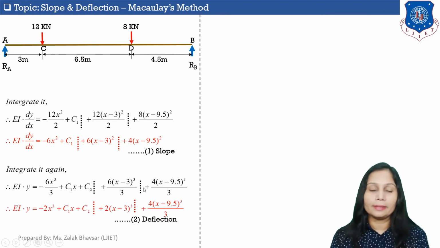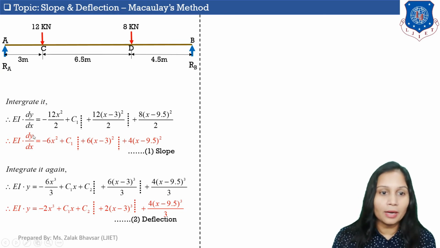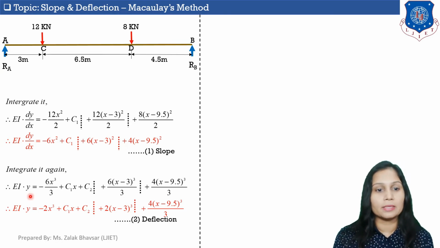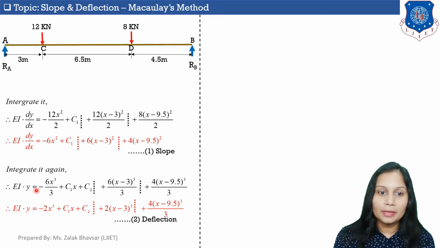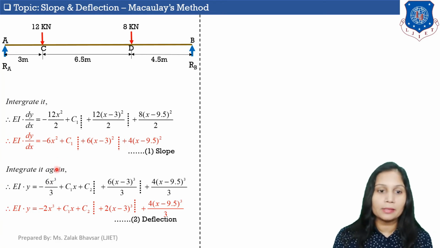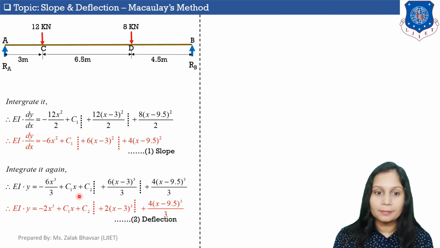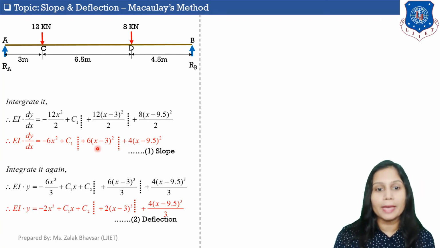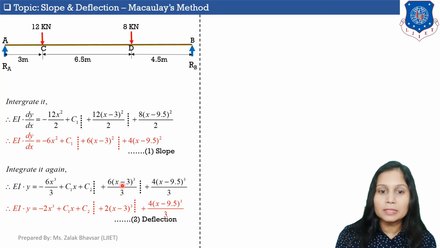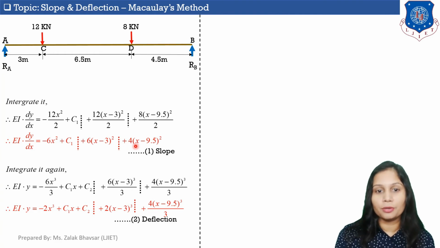Then we will get the integrated equation as EI. Now the integration of dy/dx is equal to y. So EIy = -6x³/3, since the integration of x² is x³/3, plus the integration of C1, which is C1x, plus C2, which is the integration constant, plus 6 times the integration of (x - 3)², which will be (x - 3)³/3, plus 4 times the integration of (x - 9.5)², which will be (x - 9.5)³/3.